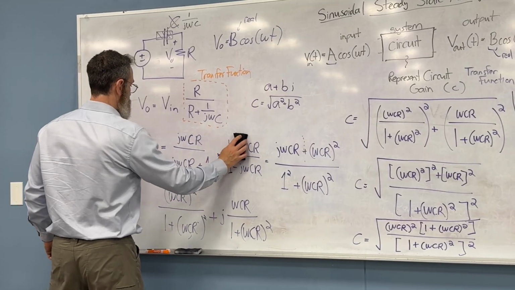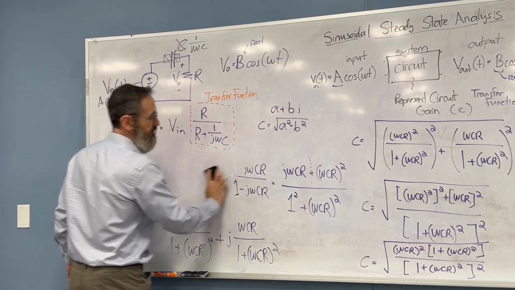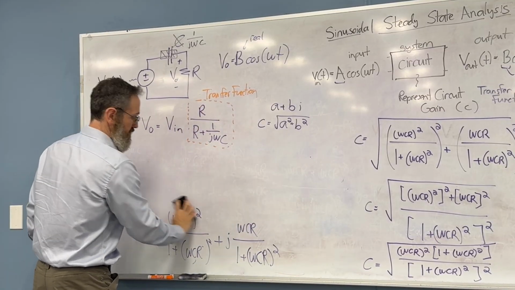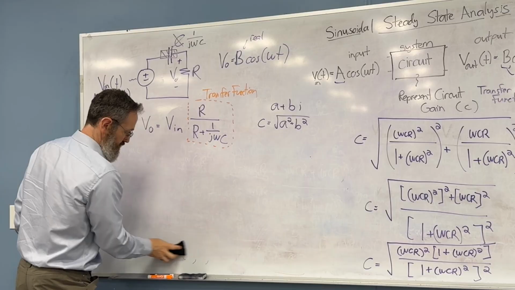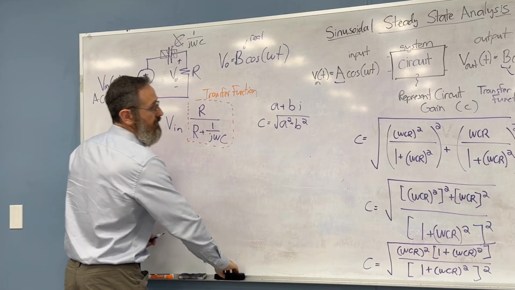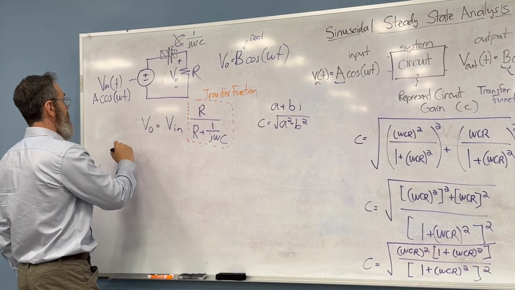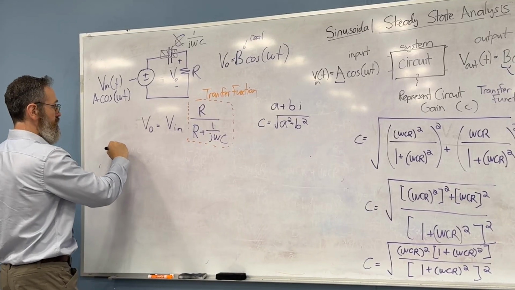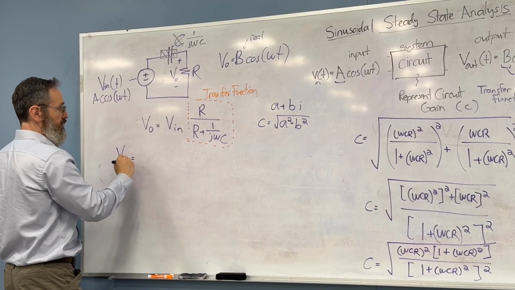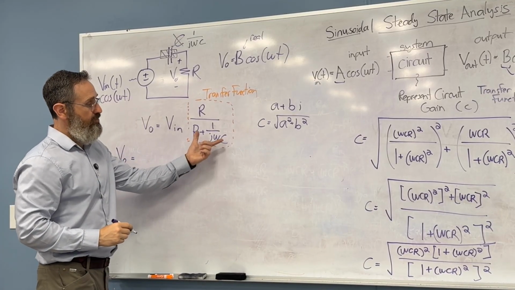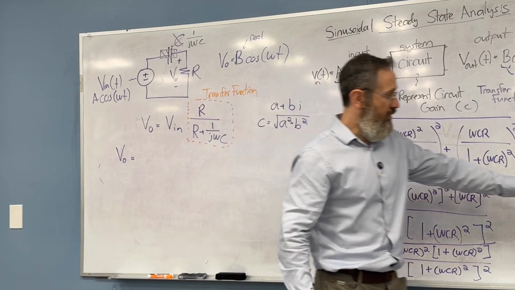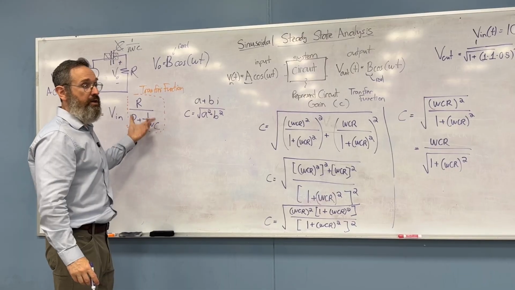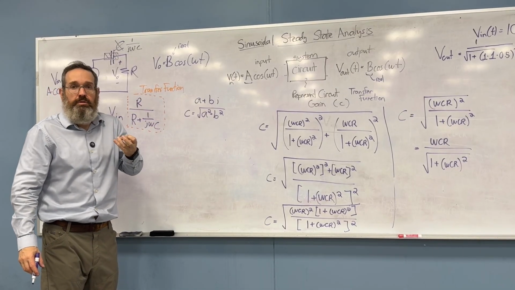And we can go back here and write that V out is equal to, this has now been converted to this form. I converted this transfer function into its C form.